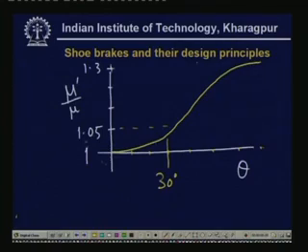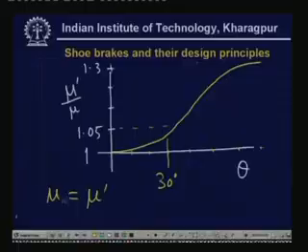So the change is less than 5%, and we can ignore that. If the angle of contact is less than 60 degrees, normally this is the thumb rule, that if 2 theta, the angle of contact of the shoe and the drum, is less than 60 degrees, then we can take mu to be equal to mu prime, and we can say that the force is entirely concentrated.